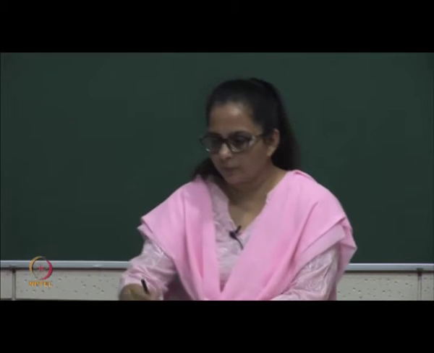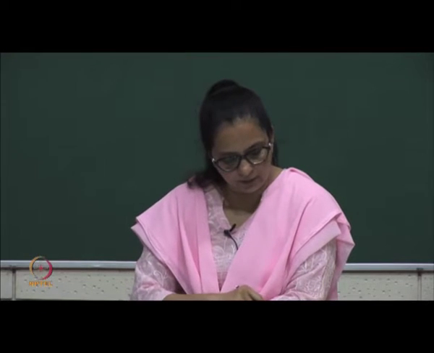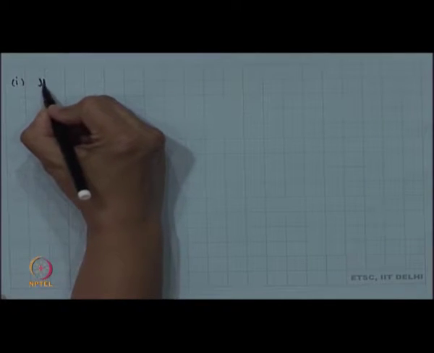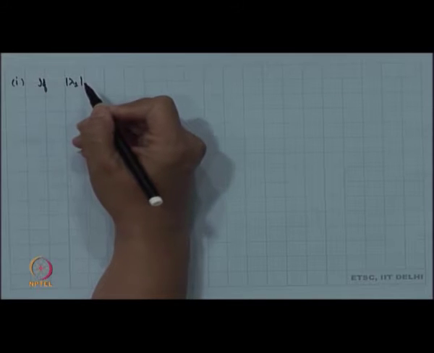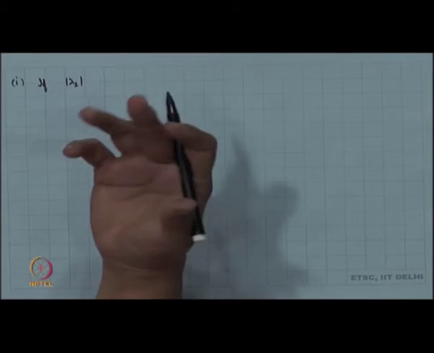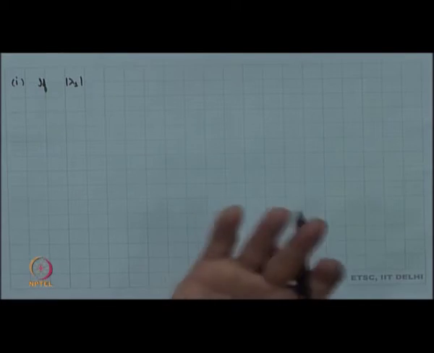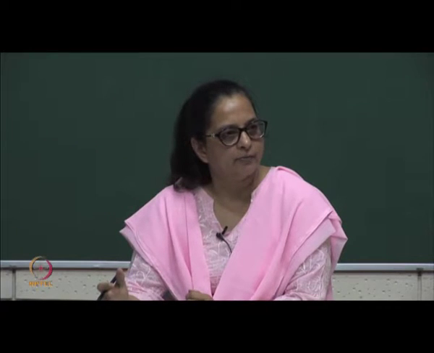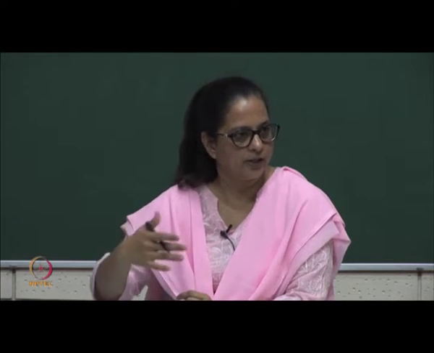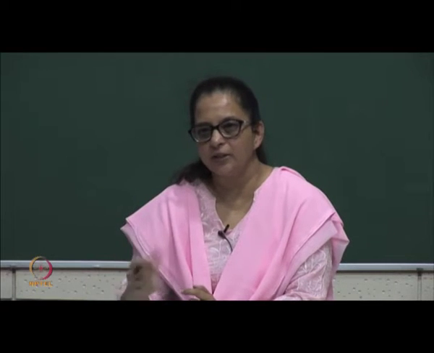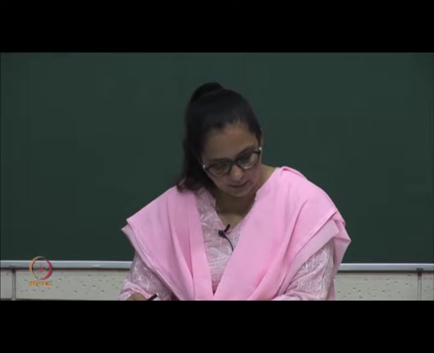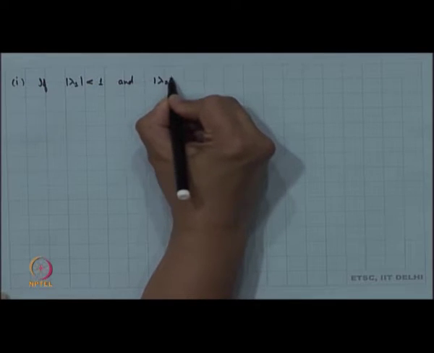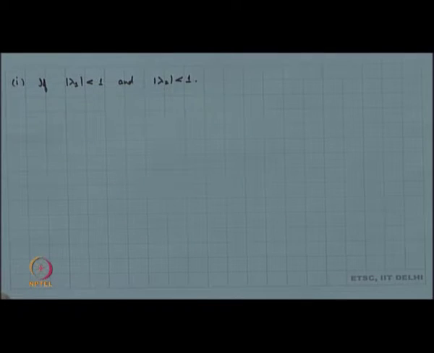We take the mod of lambda 1 because the way it tends to 0 depends on the value of lambda 1; it may switch from one place to the other and then tend to 0. So, we look at what happens when mod of lambda 1 is less than 1 and mod of lambda 2 is also less than 1.